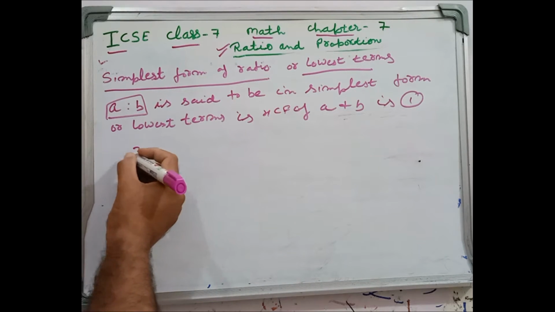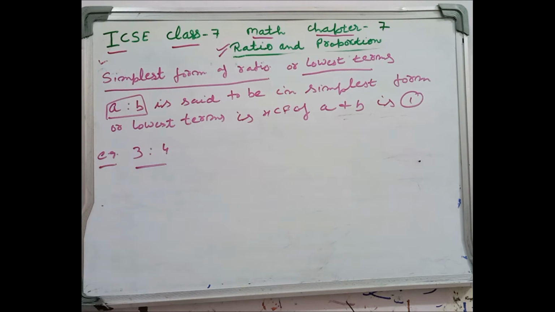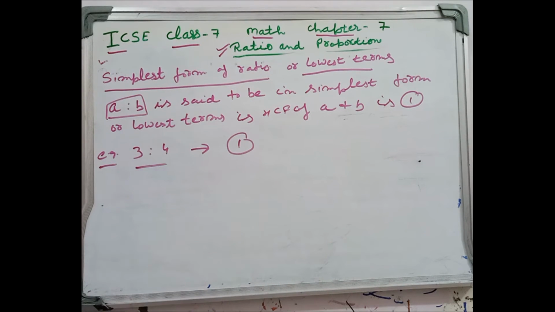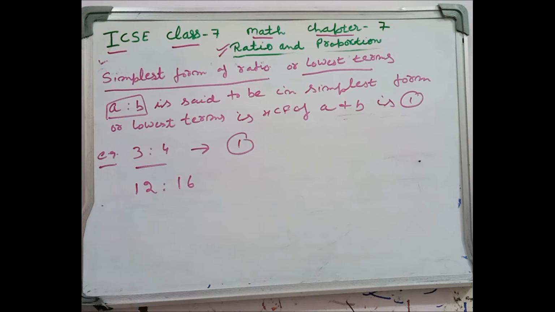For example, if I write 3:4, is it in simplest form? Yes, because their HCF is 1. They are not divisible by each other, so their HCF will be 1. If I write 12:16, is it in simplest form?